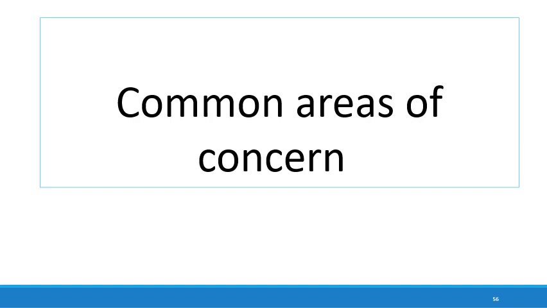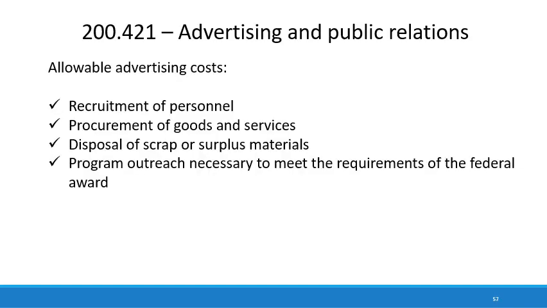So some of the things we find typically during our monitoring visits are issues with advertising and public relations. So allowable advertising costs include recruitment of personnel, procurement of goods and services, advertisement for disposal of scrap or surplus materials, and program outreach necessary to meet the requirements of the award.